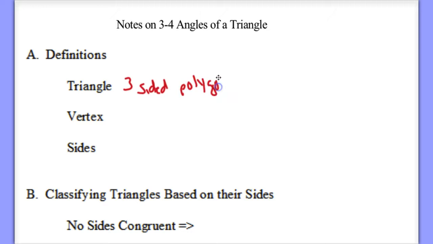This means that it's made up of segments, and the segments are referred to as the sides, and vertices. And the vertices, or a vertex, is where two segments intersect. These are the corners of a triangle. So let's say I draw my triangle over here, triangle ABC.